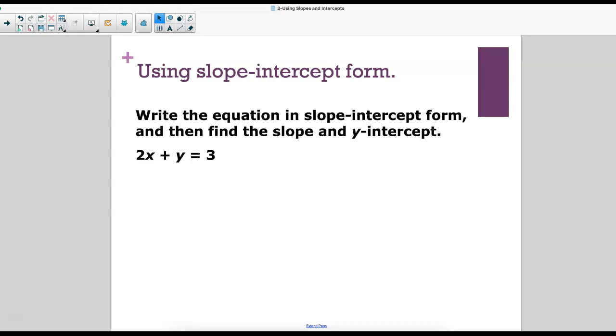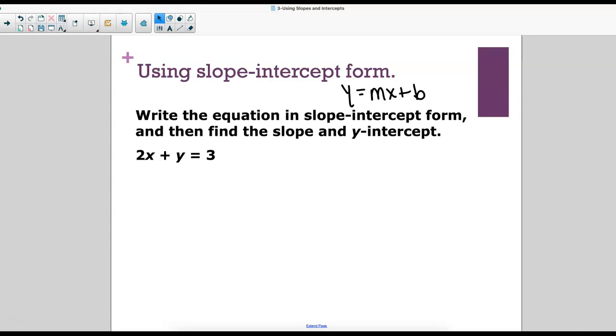Right now, the equation is in standard form: 2x plus 1y equals 3. I don't need to put the 1 there. But what I want to do is get it in slope-intercept form, y equals mx plus b. I want to get it to look like that. m's going to be a number, b is going to be a number.